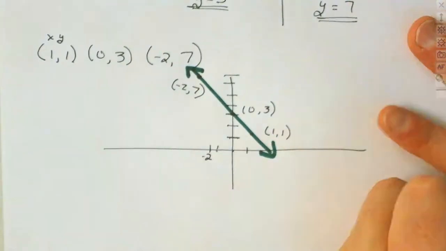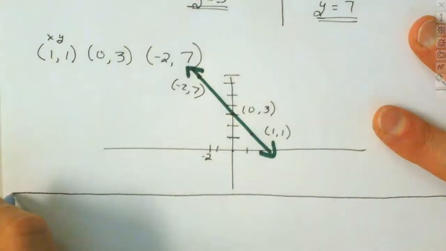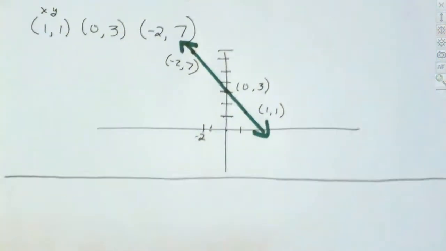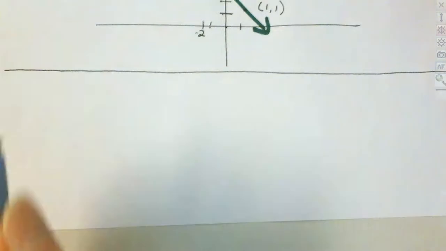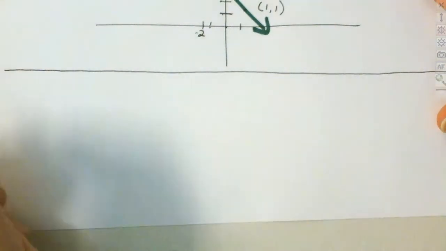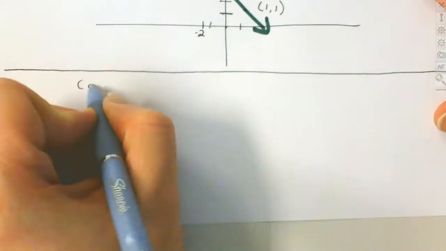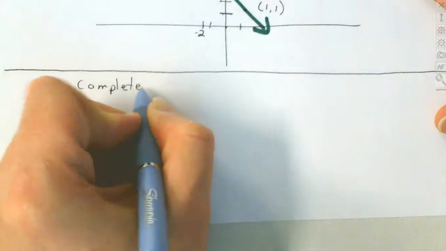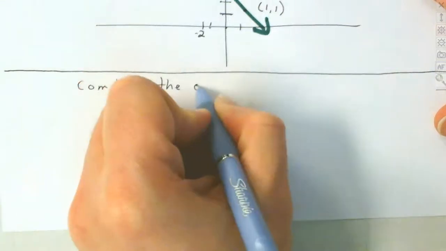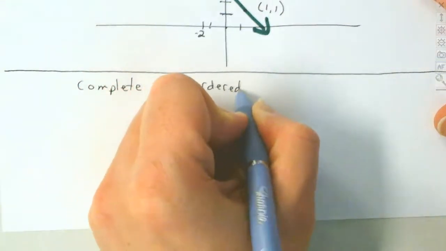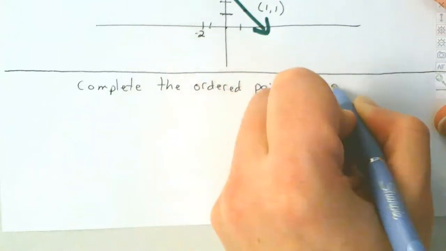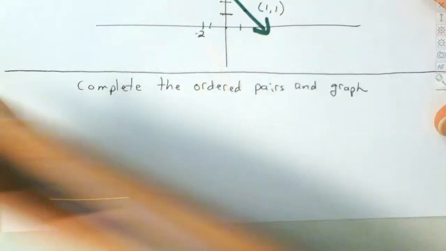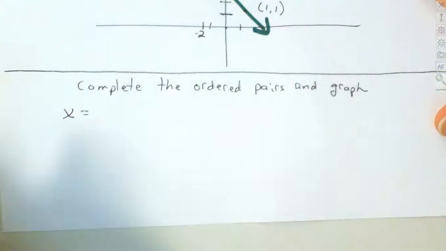Okay. Let's do a couple more, because I want to talk about vertical, and I want to talk about horizontal lines. So we're going to, again, complete the ordered pairs and graph. And let's give you one where you only have one variable.